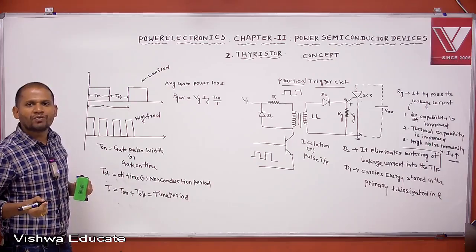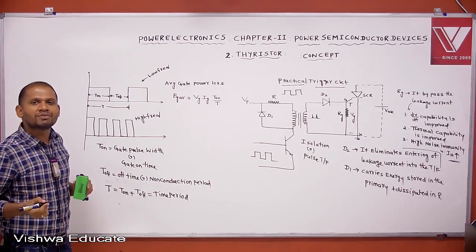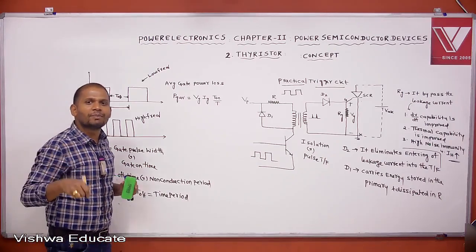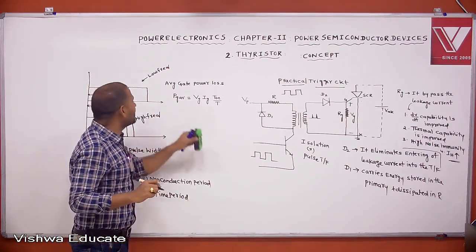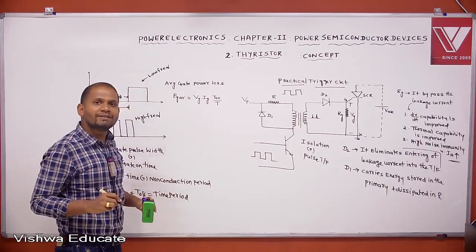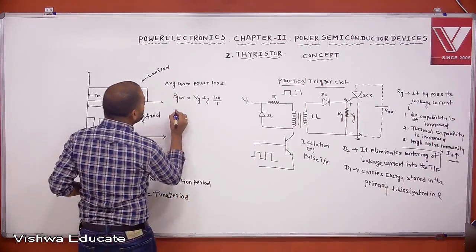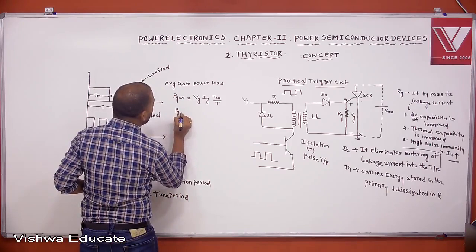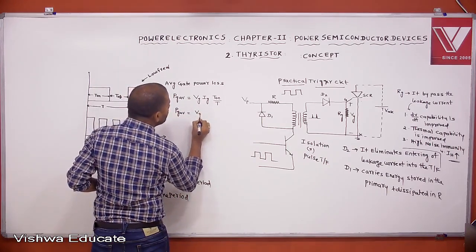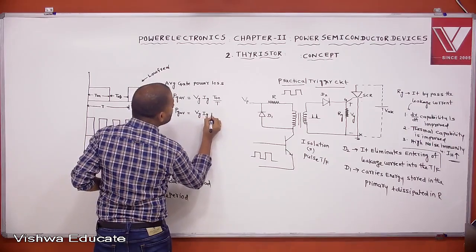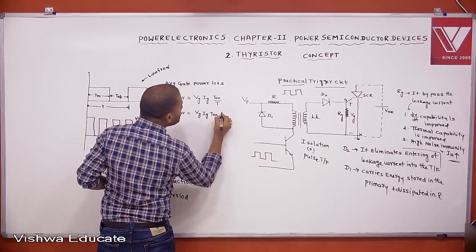Very, very important formulas. In all the competitive exams, questions are repeated based on these formulas. Concentrate. More and more concentration is required. Then average gate power loss equals Vg Ig into T on by T. This 1 by T is written as f.